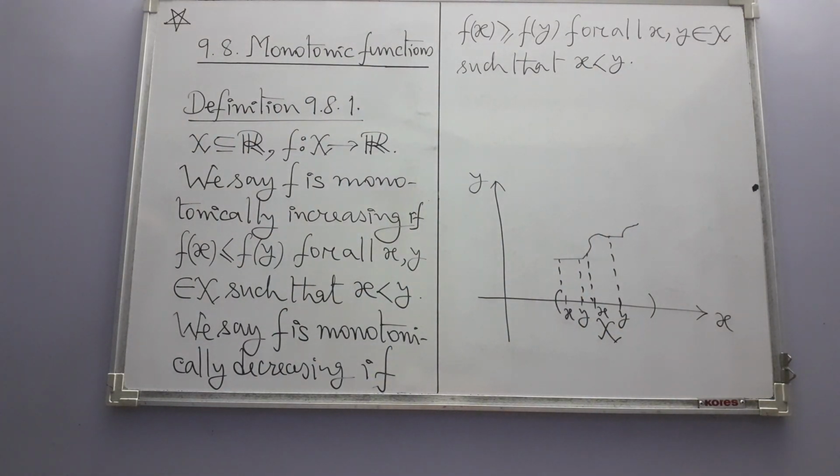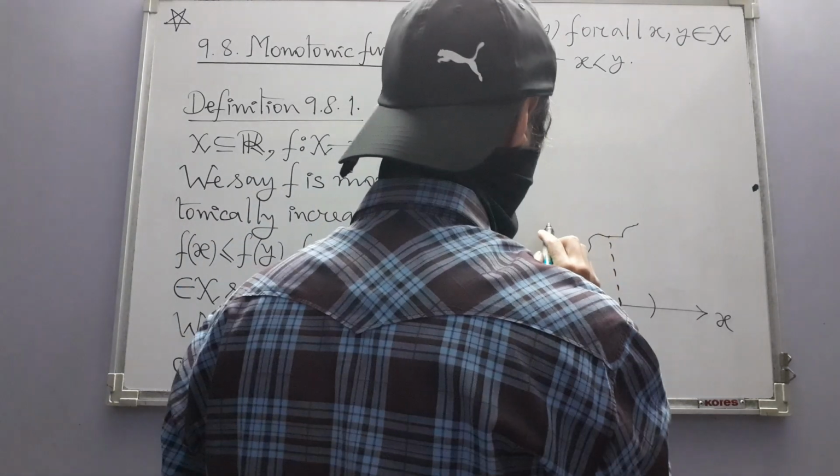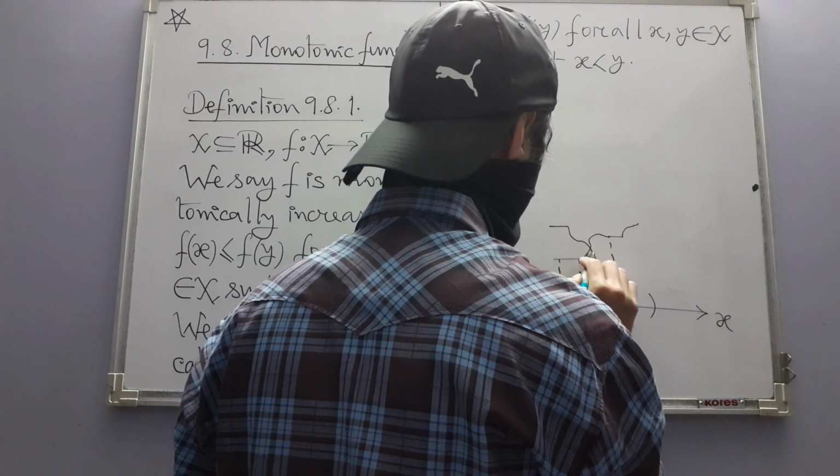So correspondingly, the graph of such a function, a monotonically decreasing function, in general will be like this.